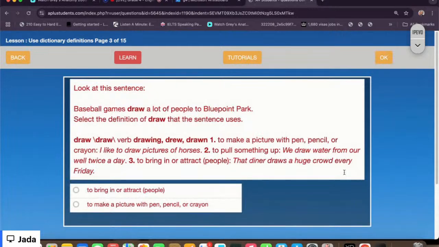Alright, so we have: Baseball games draw a lot of people to Blue Point Park. So select the definition of draw that the sentence uses. Is it to bring in or attract people, or to make a picture with pen, pencil, or crayon? Which one?